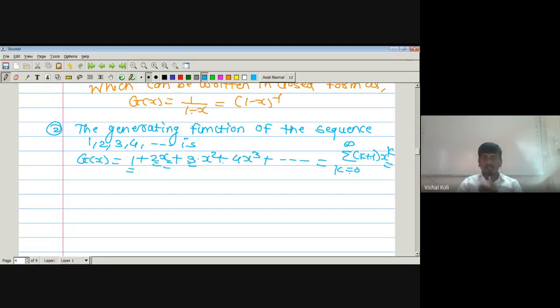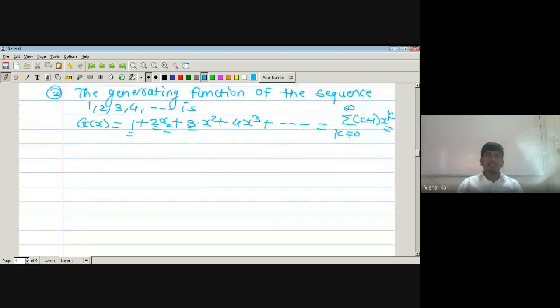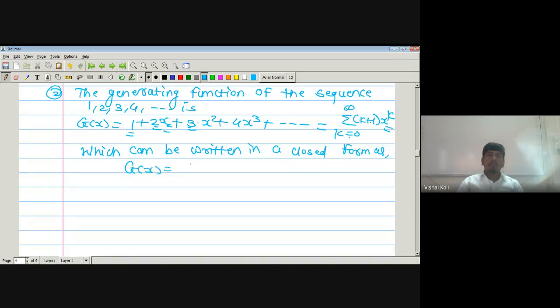So this will be 1 plus 2x plus 3x square plus 4x cube plus up to so on, which is nothing but summation k running from 0 to infinity (k plus 1) x raised to k, and which can be written in a closed form as g of x is equal to 1 upon (1 minus x) square. This generating function 1 plus 2x plus 3x square plus 4x cube is (1 minus x) to the power minus 2.